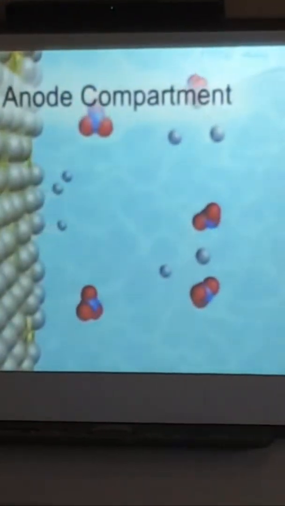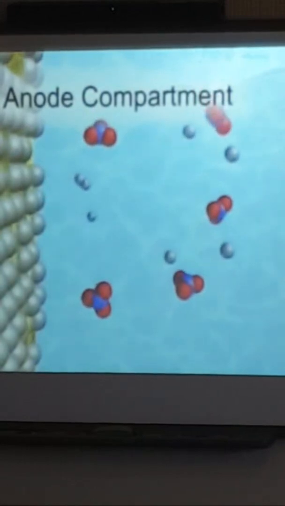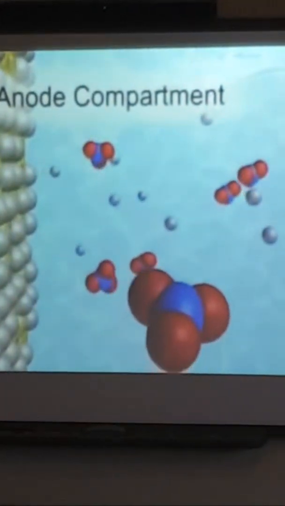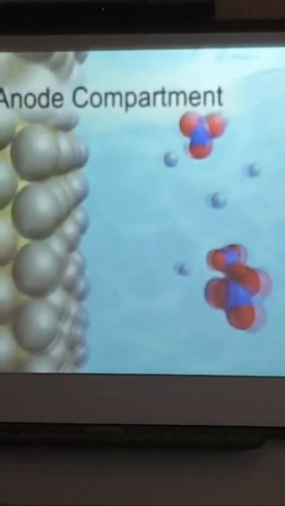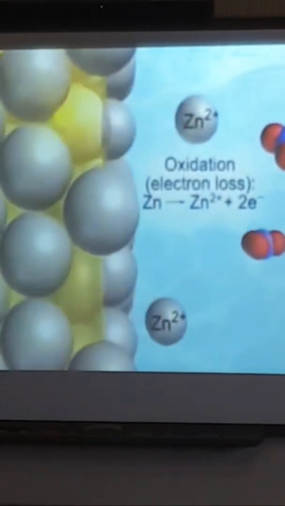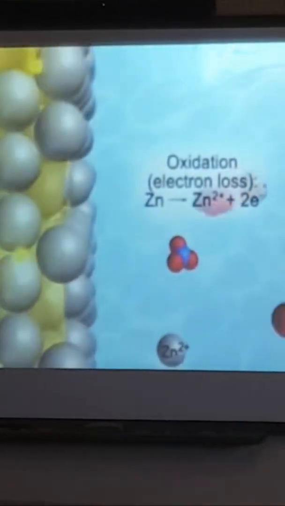Let's zoom into the atomic scale and see how this cell operates. Here, at the anode, the site of oxidation, zinc atoms in the metal bar are in contact with the surrounding electrolyte solution. And becomes a zinc ion, which diffuses into the solution.